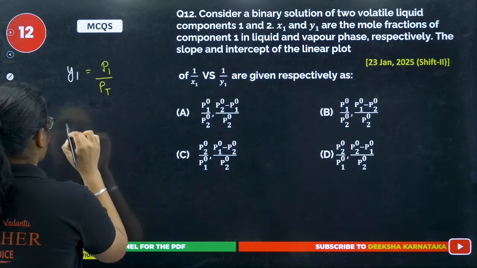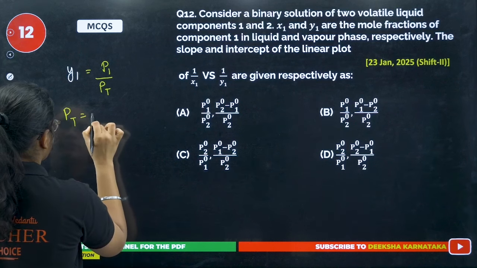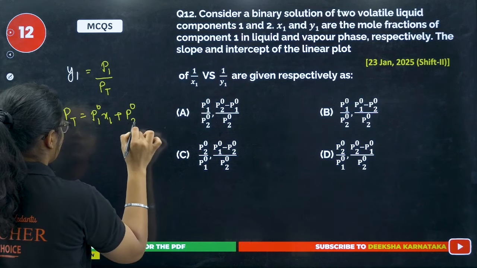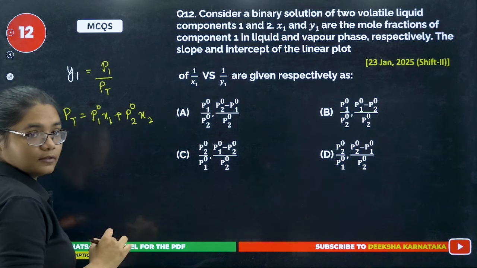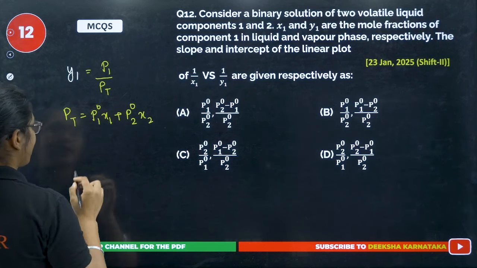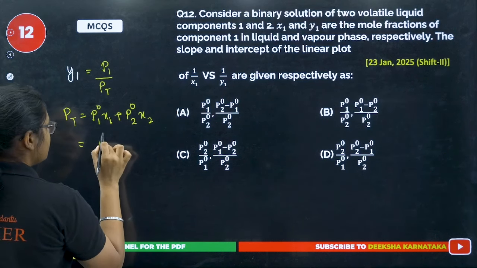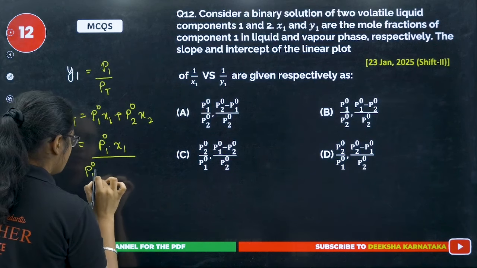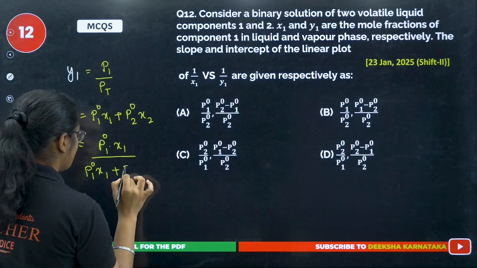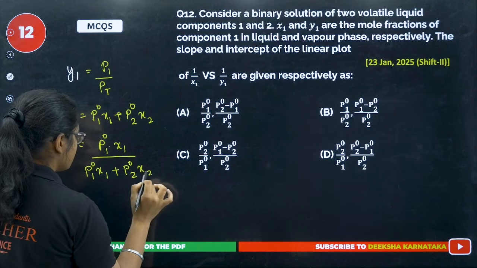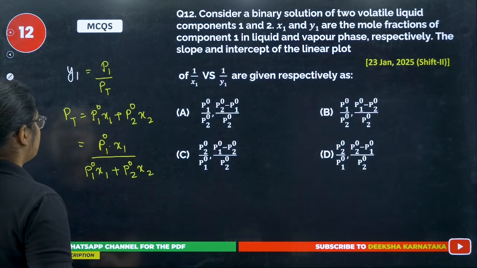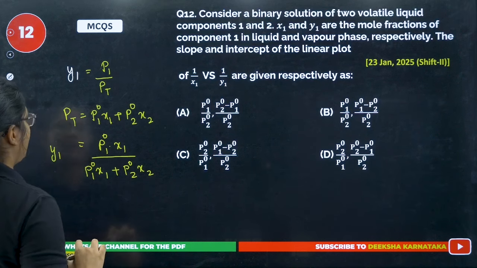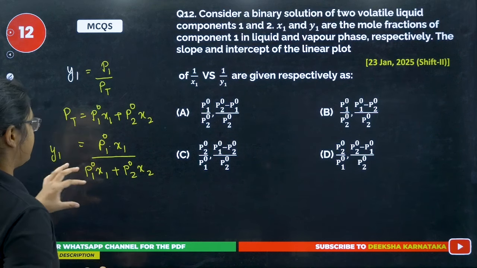Now I also know that P total is equal to P01 x1 plus P02 x2. So I have P1 is equal to P01 x1, and P total is P01 x1 plus P02 x2. That is what y1 is, right? This is equal to y1, and in place of this I can write like this.